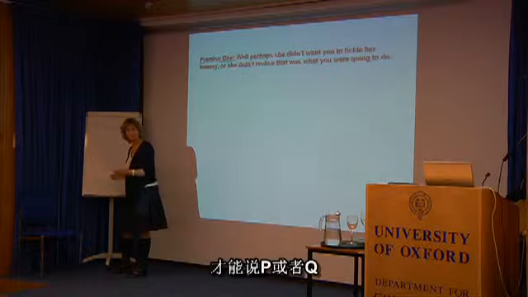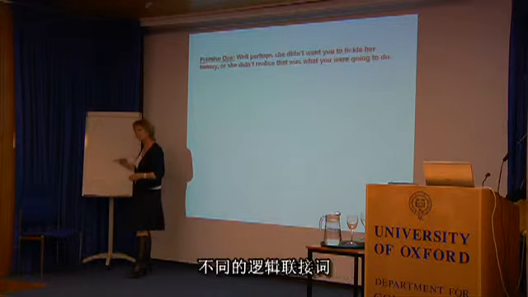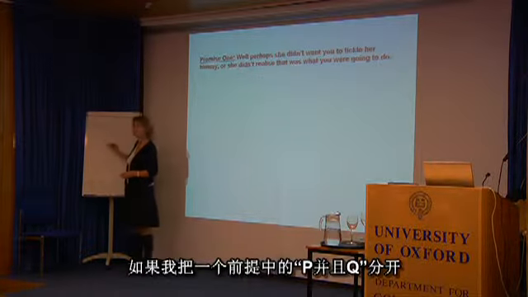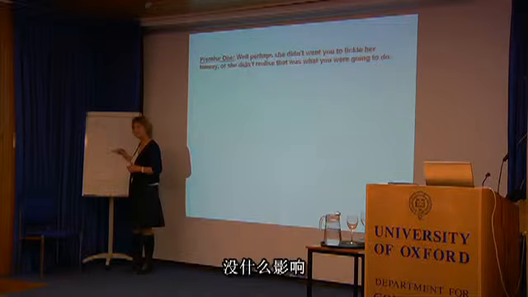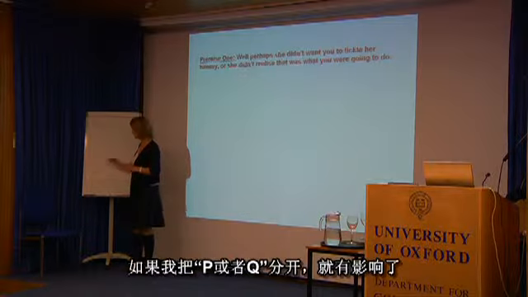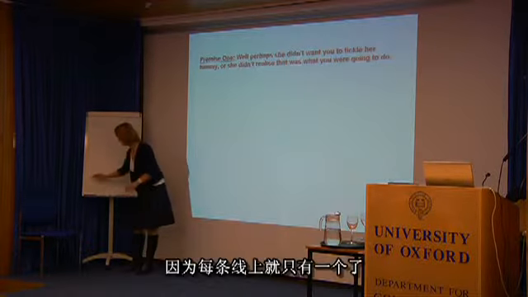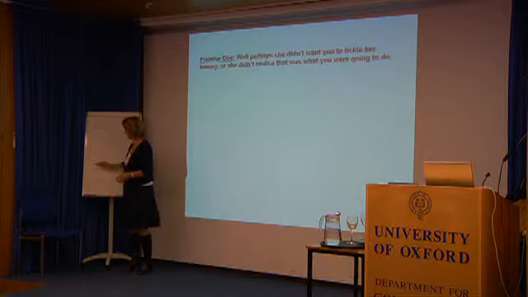In order to say P or Q. So they're different words, different logical words. And you see how if I separate the P and Q in one premise, it doesn't really matter. Whereas if I separate the P or Q, it does matter, because then I've only got one on each line. So I must keep them together.